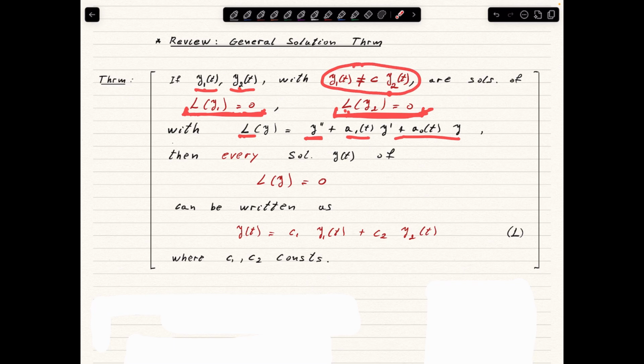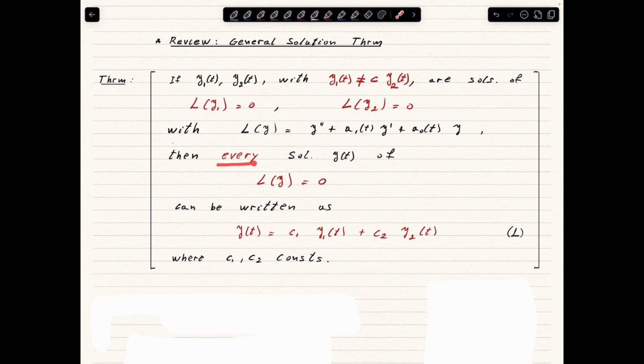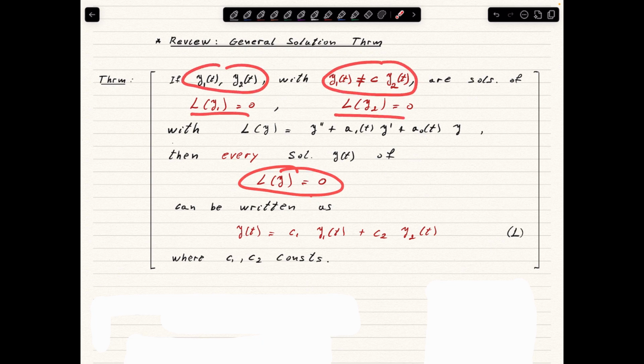When that happens, you are done, because this theorem says that every solution of the same equation can be written as a linear combination of these two solutions, y1 and y2. So to find all the solutions to these equations, the only thing we need to do is to find two solutions that are not proportional to each other.